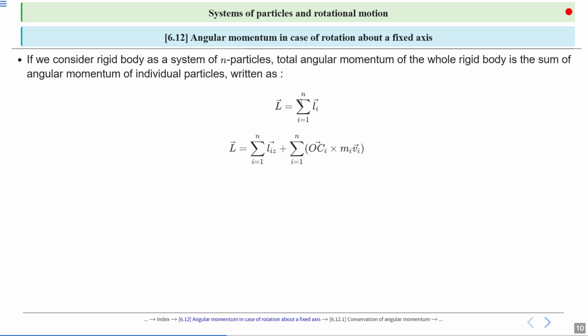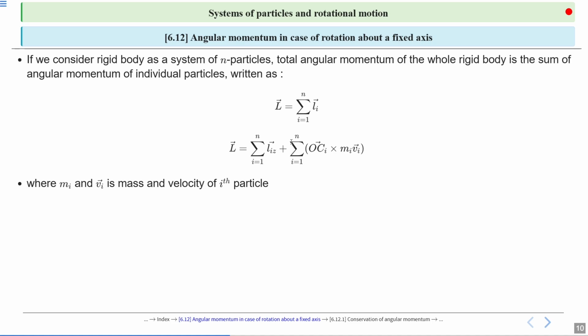So there are two terms: first about L and about Lz. So it will be L is equal to summation I equal to 1 to n of Liz plus summation I equal to 1 to n of OCi cross MiVi. So this is the angular momentum for a whole rigid body.